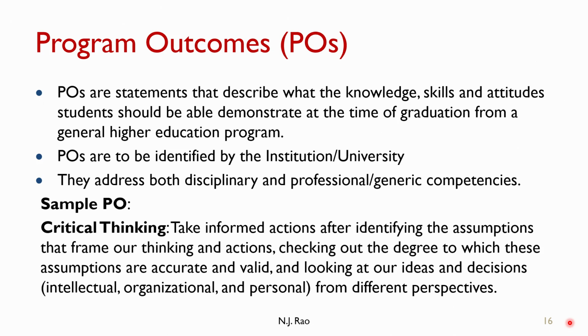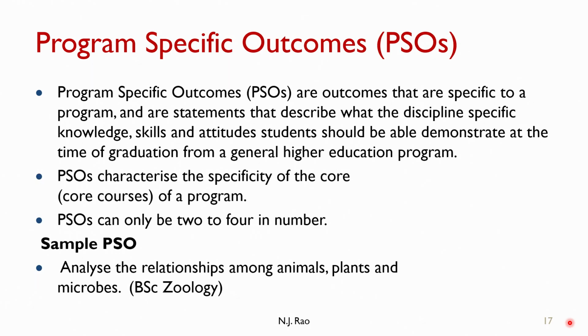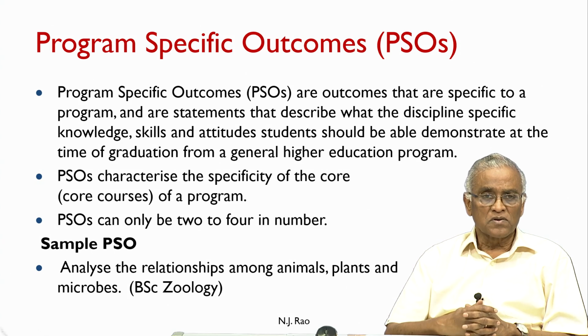They take informed actions after identifying the assumptions that frame our thinking and actions, checking out the degree to which these assumptions are accurate and valid, and looking at our ideas and decisions, intellectual, organizational and personal, from different perspectives. So, that is a sample of program outcome. It has nothing to do with a particular discipline or a program. Now, you come to program specific outcomes.